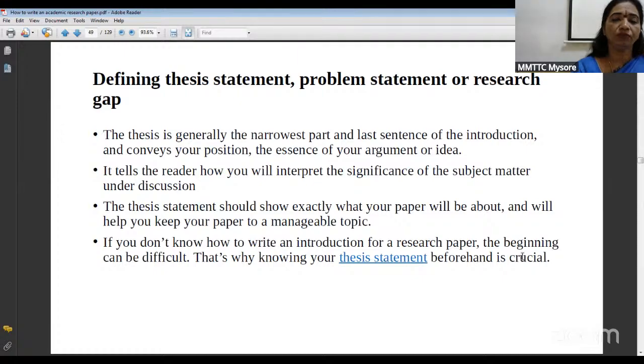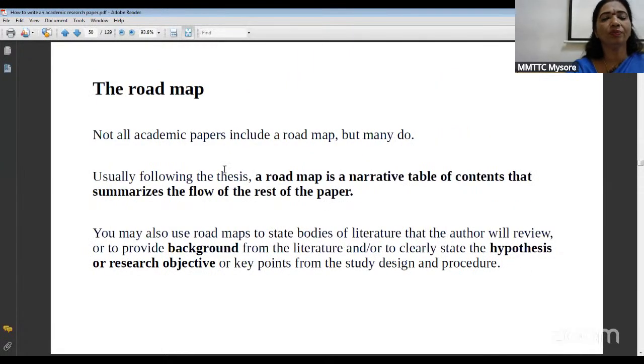It is crucial. If you know what you're going to discuss in your discussion section, and you know your particular statement of problem or the hypothesis, then it is going to be easy. If you don't know what you're addressing in your paper, then writing the paper is not going to be easy.